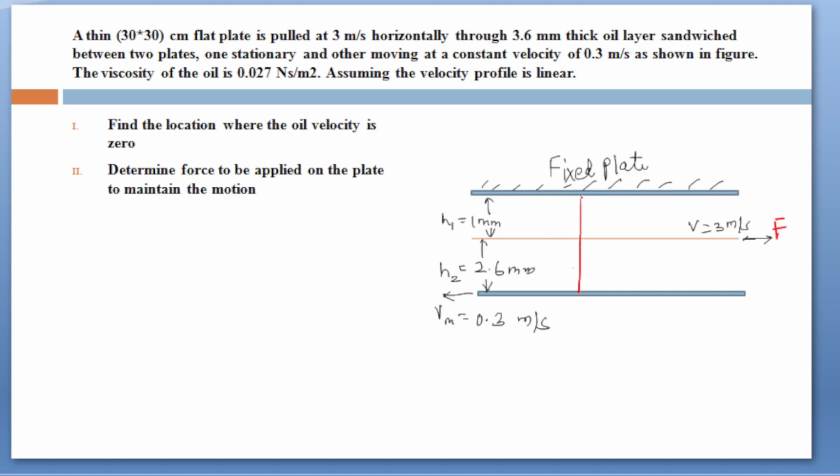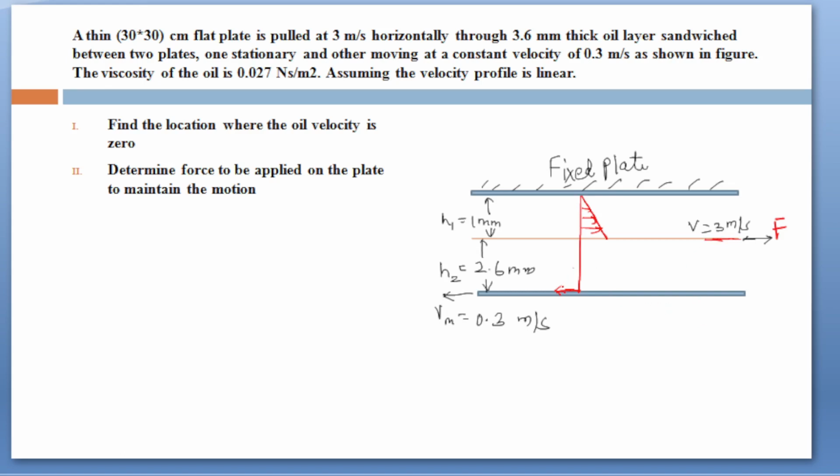The upper plate is fixed, so the velocity will be 0 and this increases in this direction, and the lower plate is moving with velocity 0.3 meter per second, that is towards left, and the middle plate moves opposite to the lower plate, shown by the red line and the blue line.